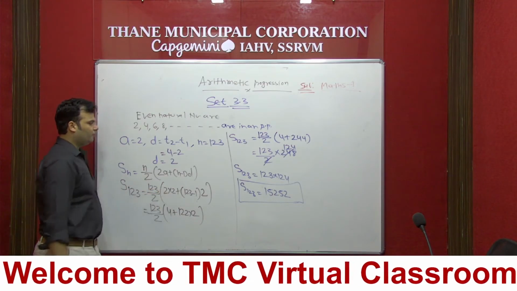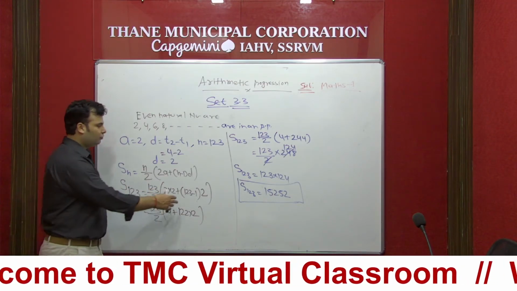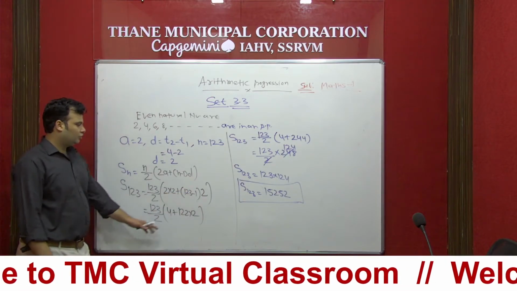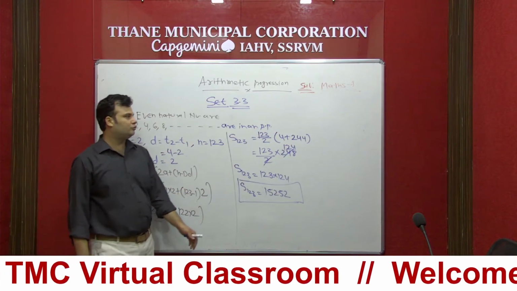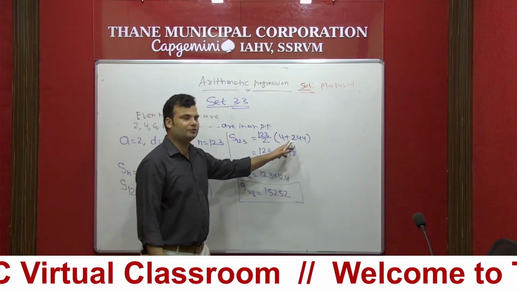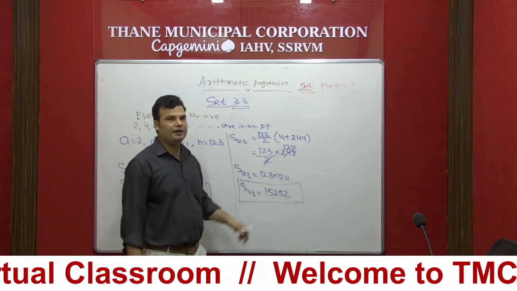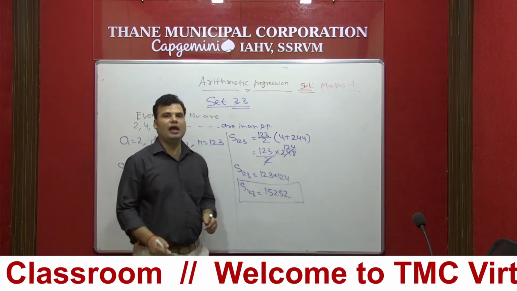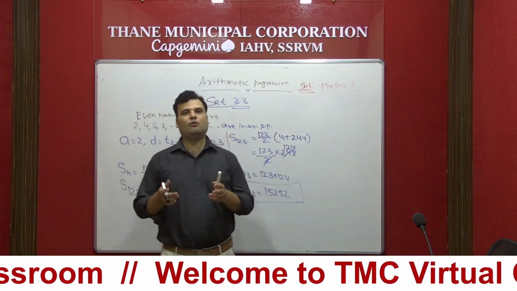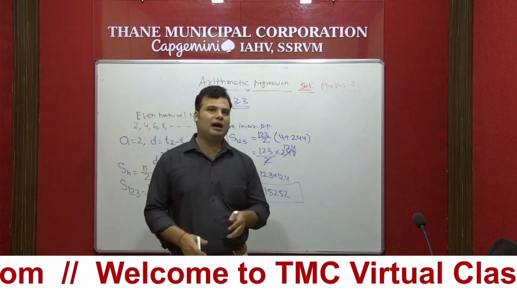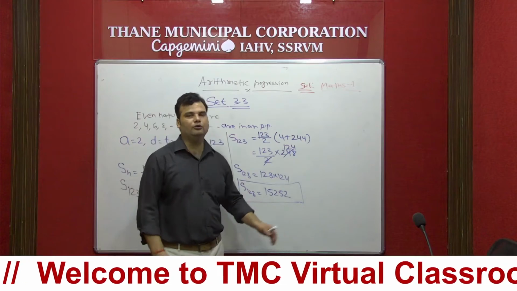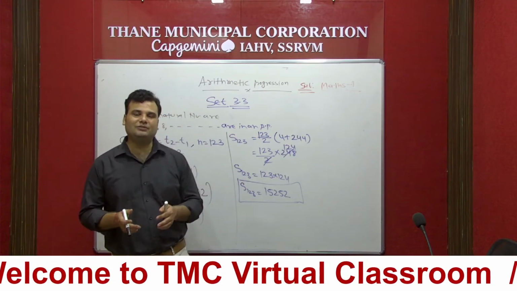So 2 into 2, n is 123 into 1 into 2. So 4 plus 122 into 2 is 244. So 244 plus 4 is 248. We can divide by 2. So the answer is 124. And in the last part we have to multiply 123 into 124. The answer is 15252.